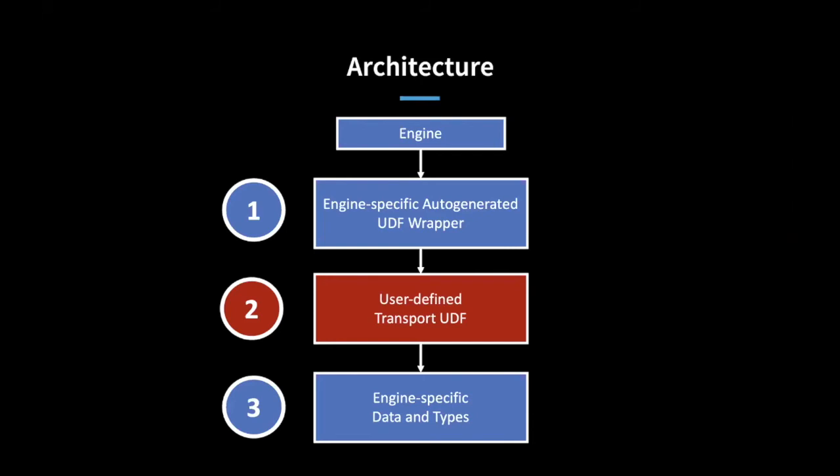Their actual implementation is based on what engine they would be targeting. So in the case of Hive or Presto, these would be manipulating native data types that Presto or Hive or Spark would understand. So to the user, the UDF would look like a platform-independent function, but to the engine, it would look like a native UDF to that engine.